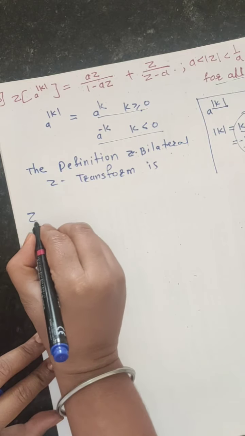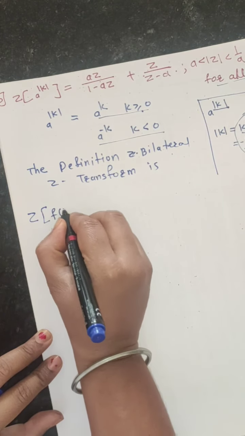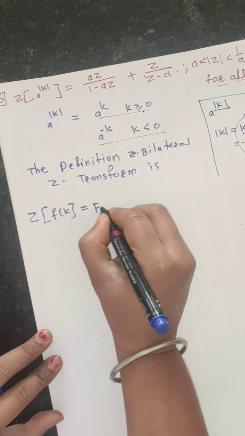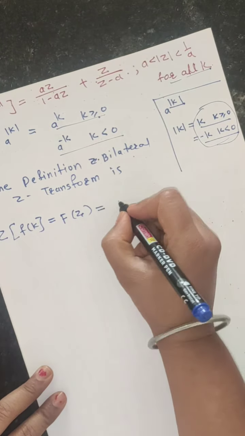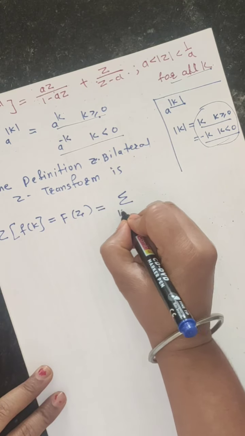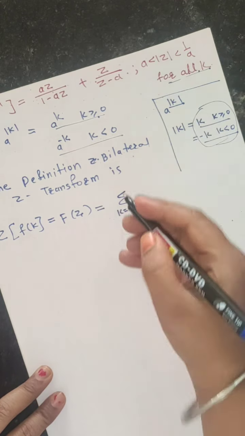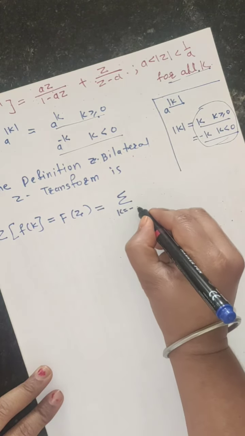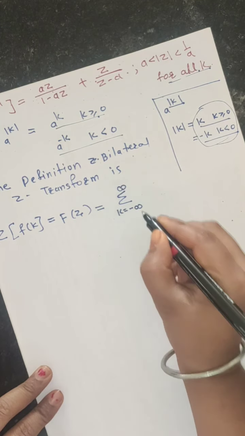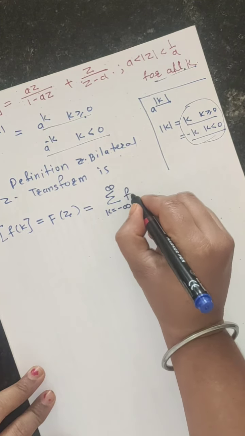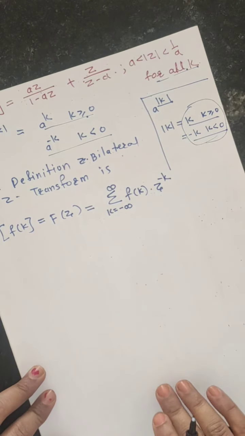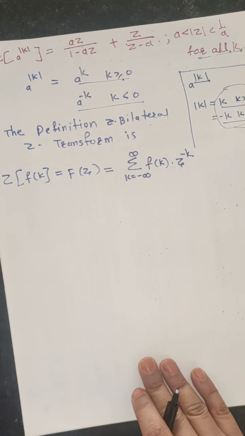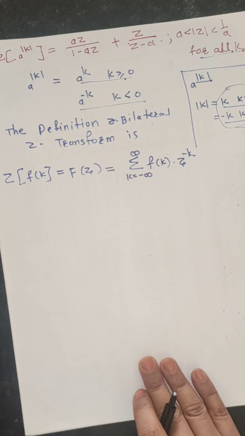What is the Z transform definition? Z of f of k, also denoted by capital F of z, is equal to the summation, k starting from minus infinity to infinity, of f of k into z raised to minus k. This is the bilateral Z transform definition.